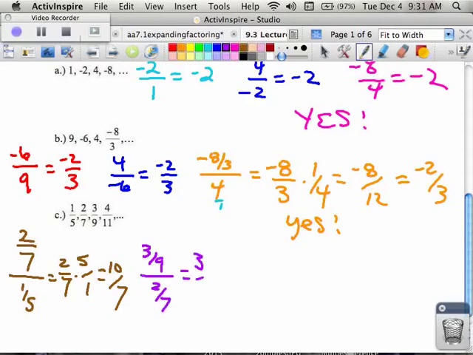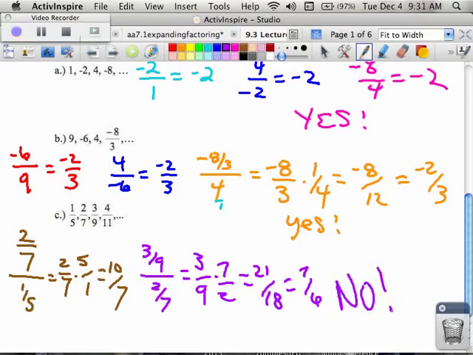And so that would be 3/9 times 7/2, which is 21/18, which is the same as 7/6. And so here it's no, I can stop already, because those two ratios aren't the same. And you're done.